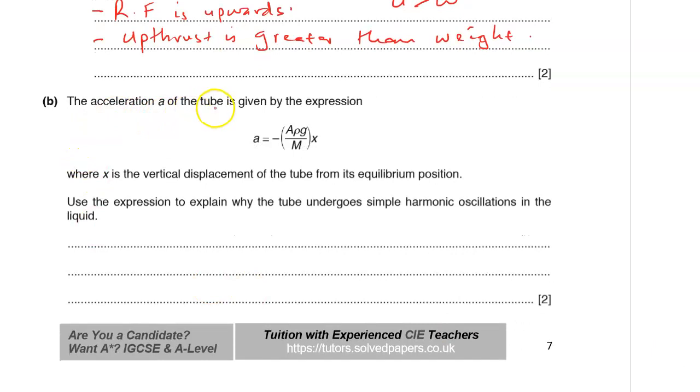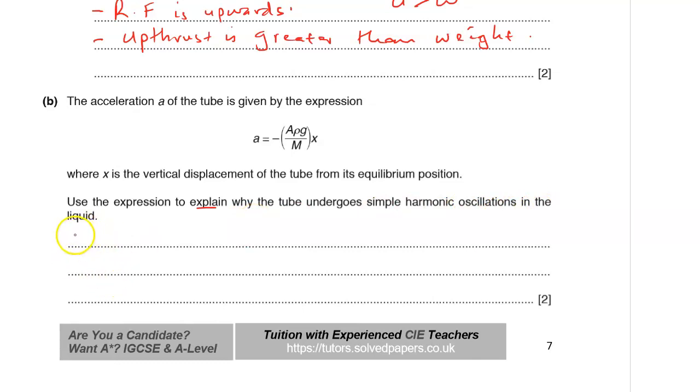B. Acceleration of the tube is given by this expression. a is equal to A rho g over m x, where x is the vertical displacement of the tube from its equilibrium position. Use the expression to explain why the tube undergoes simple harmonic oscillation in the liquid.